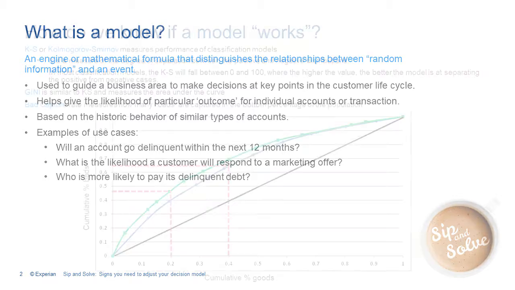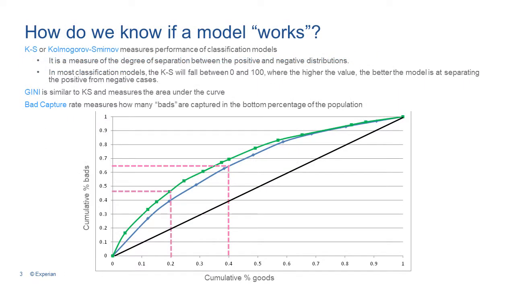But how do you know if those models actually work? There are three key metrics that we look at from an analytic perspective to identify that a model is doing what it's supposed to do, predicting what it's supposed to predict.